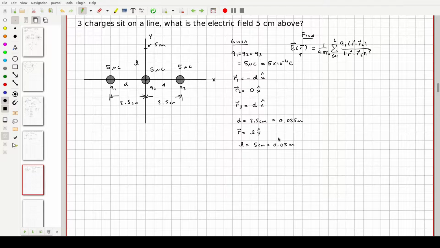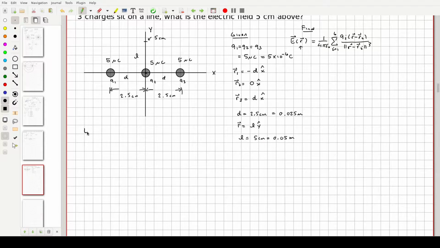the first thing I'd like to do is to write this out. So E of R is going to equal to, if I just go ahead and expand the sum out, 1 over 4 pi epsilon naught Q1 times R minus R1 divided by R minus R1 cubed.